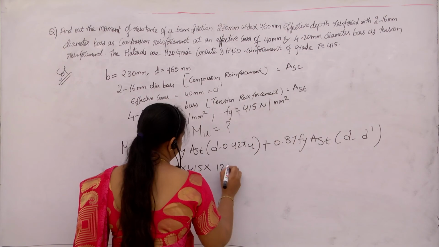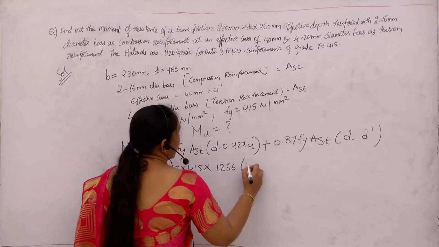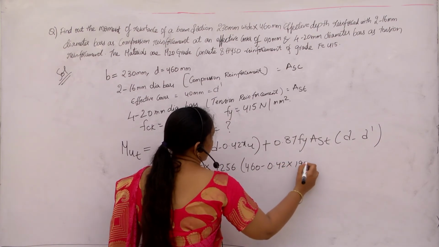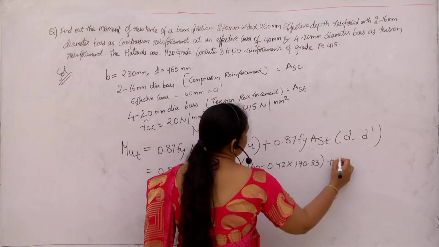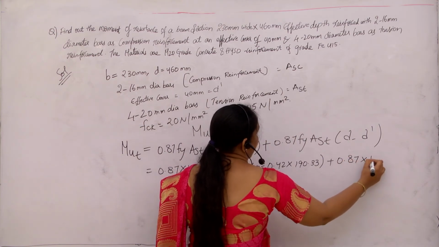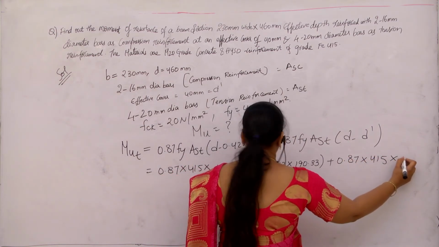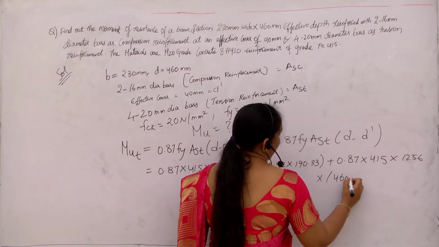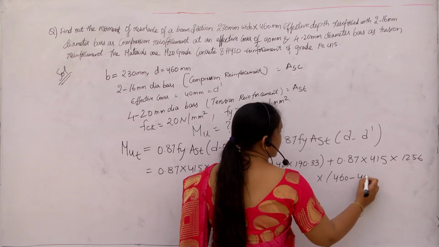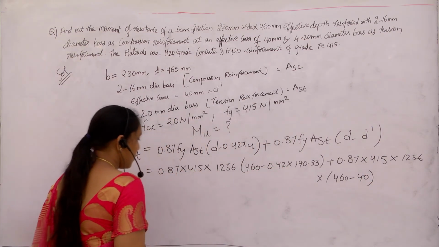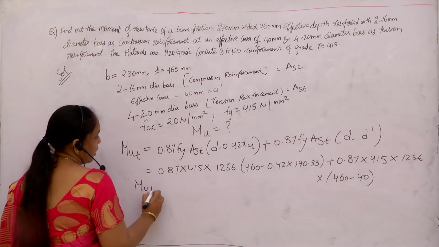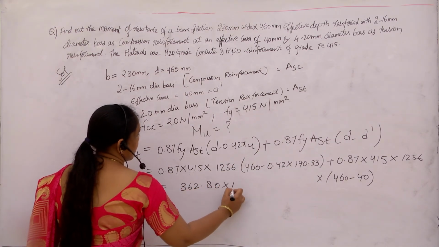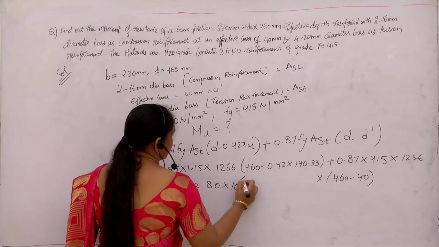What is the value of AST? It is 1256 mm square into D is 460 minus 0.40 into XU is 190.33 plus 0.87 into Fy. Fy is 415 and AST is 1256 mm square into D is 460 minus D dash. What is the value of D dash? It is 40. So if you solve this, you will get a value of MUT equal to 362.80 into 10 to the power of 6.